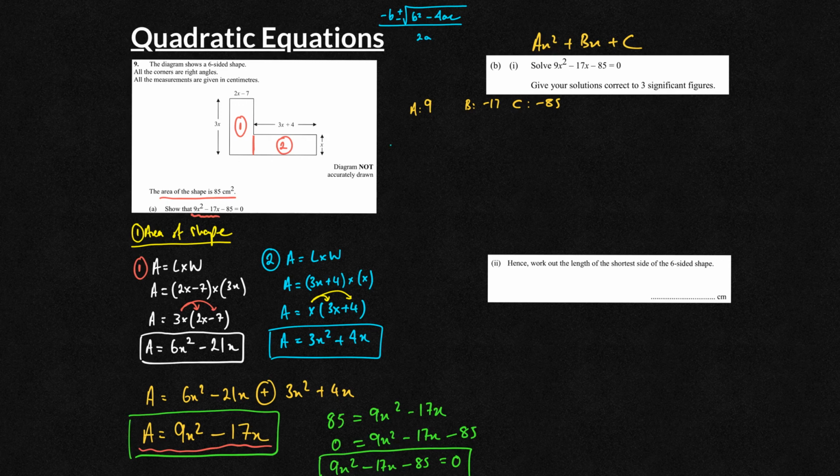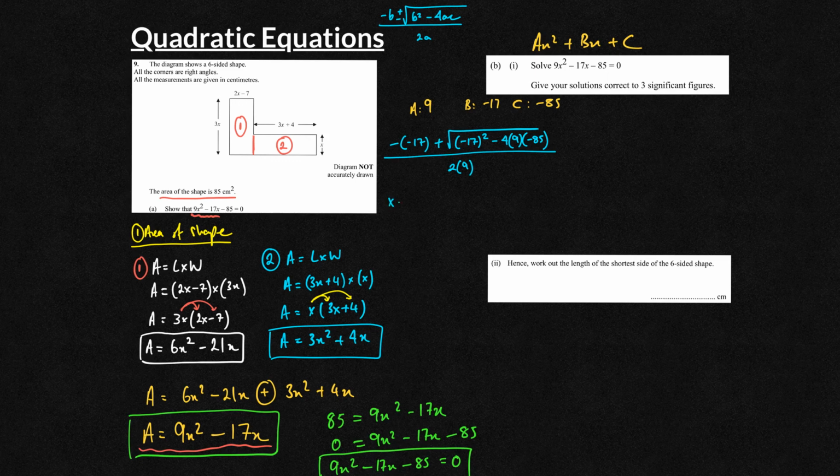So filling that in now, I'm going to go with minus b, so minus 17. Very easy to forget that minus. I don't want to keep saying it, but please remember to use brackets. This time I'm going to go with plus first, so square root, open bracket, minus 17 squared minus 4 times a, which is 9, times c, which is negative 85, all over 2a, which is 9.